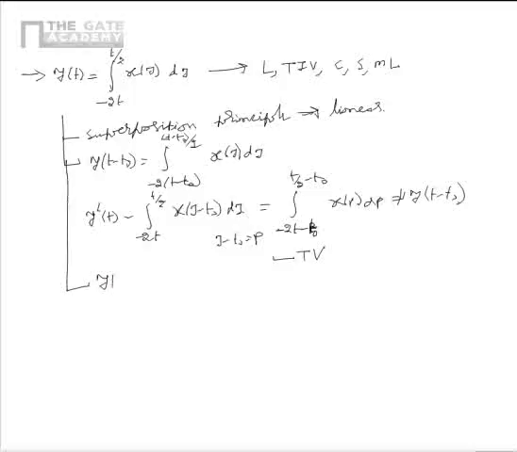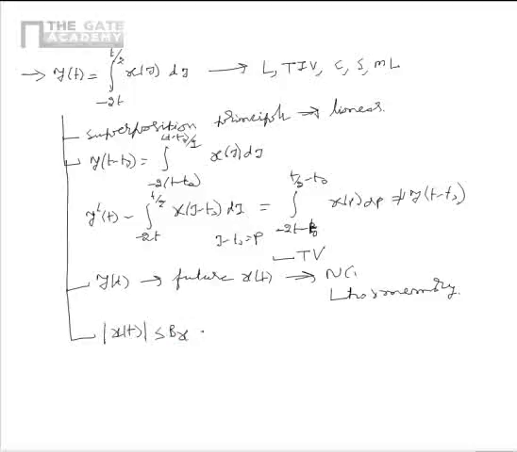Also, we see that the output y of t depends on future x of t. So the system is non-causal, and hence it has memory. To check the stability, if we assume mod of x of t is less than or equal to bx, it can be shown that mod of y of t will also be less than or equal to by, where bx and by are finite.